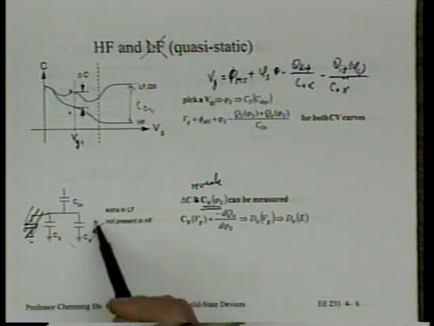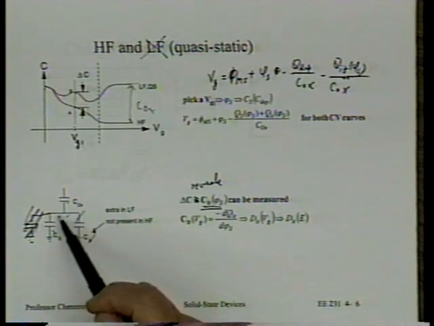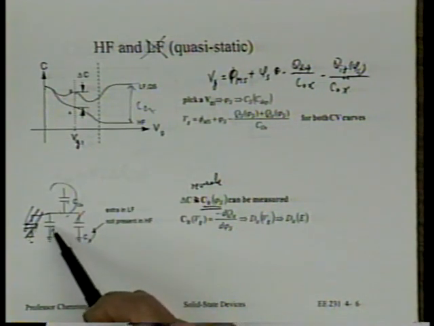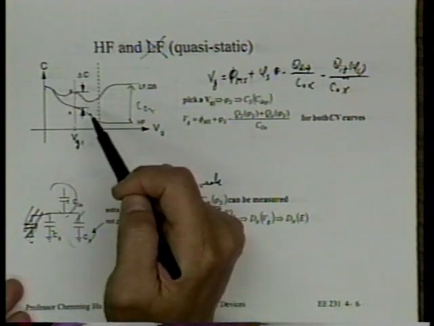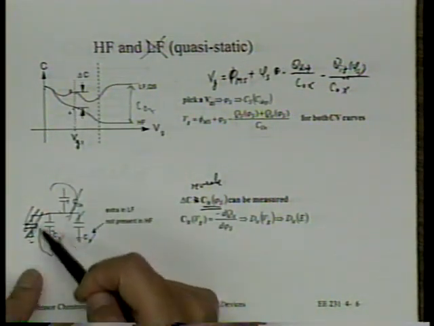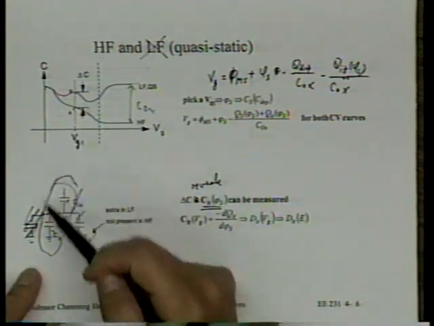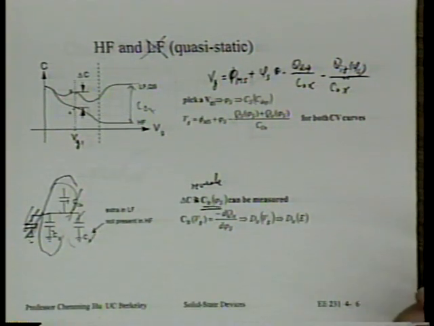Because we want to know this, and we know this, we know that. Do we know this? Of course, this we know. Do we know that? Well, at least we know the sum of these two, which is this one, right? The high frequency one gives us this. The low frequency one gives us three. So you only have one unknown. Can you solve it? You bet you can.